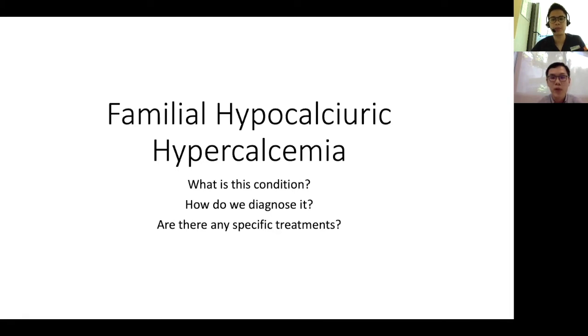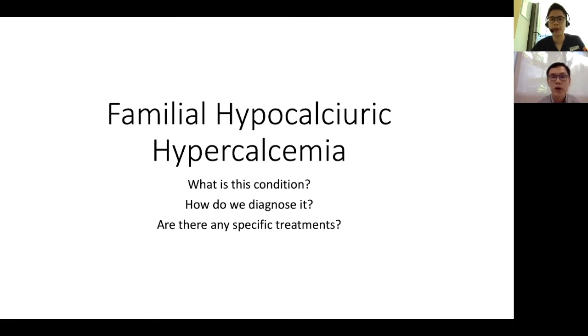But when the calcium reaches high enough levels, it will still be able to suppress the parathyroid hormone secretion. So usually in this condition, patients have a mild hypercalcemia, but they don't really develop moderate to severe hypercalcemia. They usually don't get any significant complications. It's quite rare to develop bone-related complications, for example, osteoporosis.